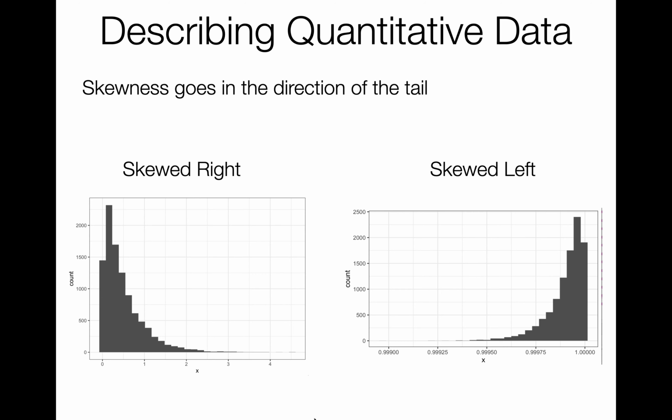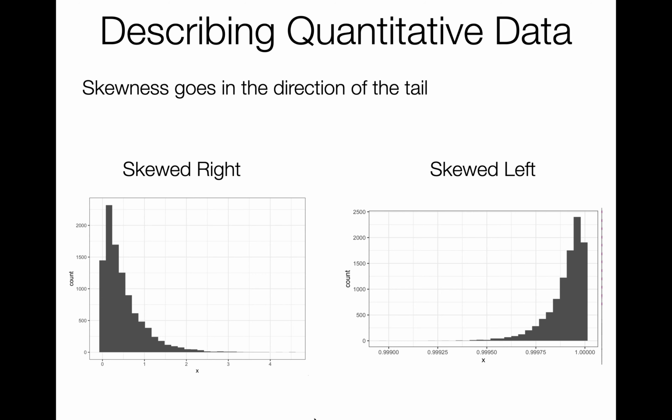When the tail goes off in that direction, that's the way the skew goes. Some students get confused and say, most of the data looks like it's on the left of the skewed right picture, so I should call that skewed left.